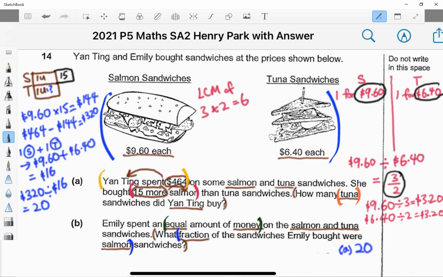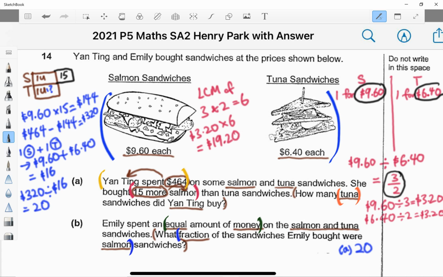So since 960 is already 3 times of 320, what is 6 times of 320? If I multiply 320 by 6, it will give me $19.20.